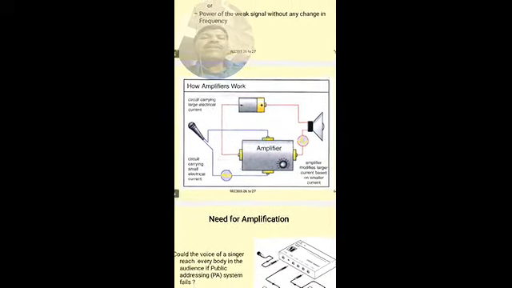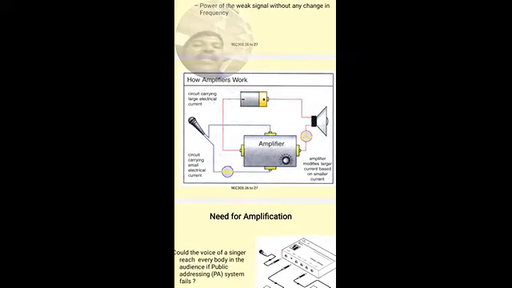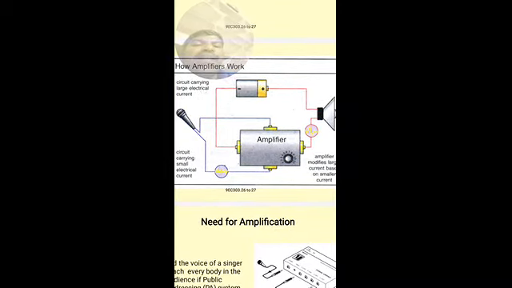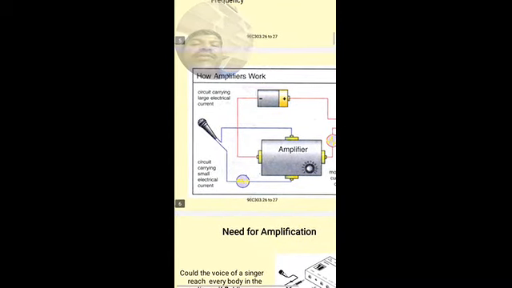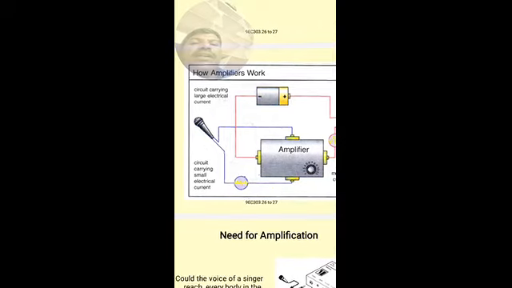Let us see with the figure how the amplifier works here. So using the DC voltage as a source, the weak signal gets amplified. The amplifier first works with a battery.